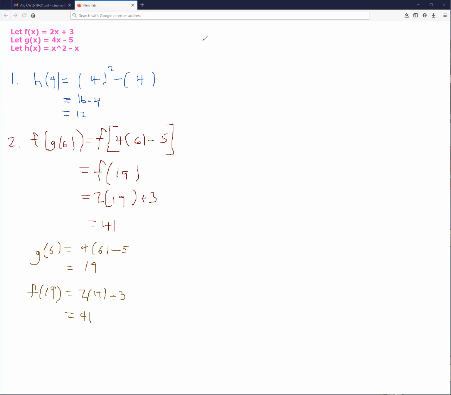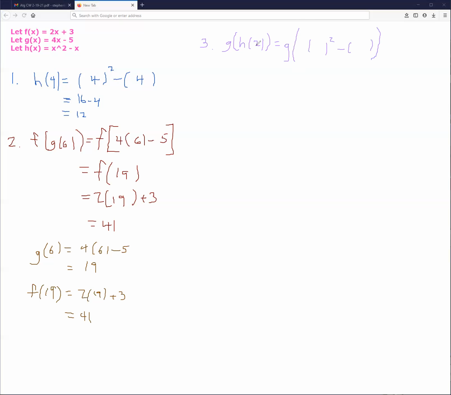Okay, number 3. Let's ask ourselves, what is g of h of 2? So we've got to take whatever is going on inside g and figure it out. So h of 2 is stuff squared minus stuff.